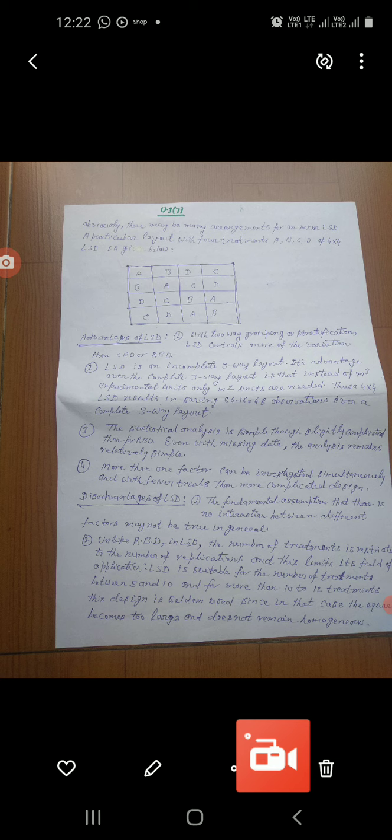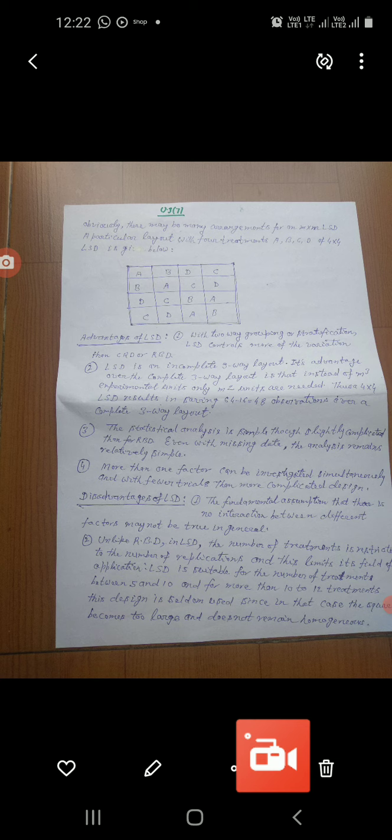This is very important. So you can write the fourth point as: more than one factor can be investigated simultaneously.